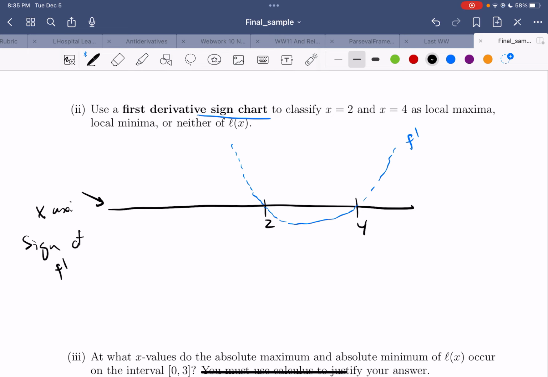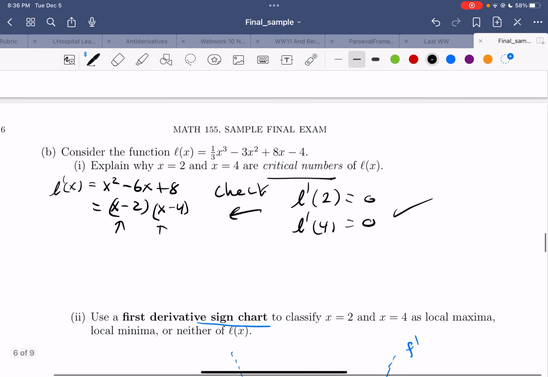Well, if you look at that blue curve that I drew, it's positive when you're to the left of 2. It's negative when you're between 2 and 4, and it's positive again over here. But all you really have to do is just pick any x value here. Like let's say x was -100, and you plug it into your derivative function. So if I plug x equals -100 in here, well, this would be a negative number, and this would be a negative number.